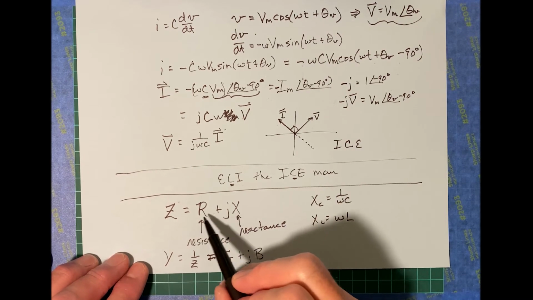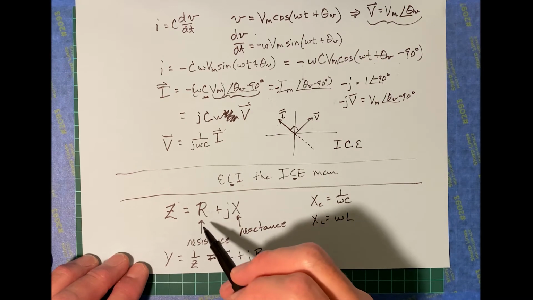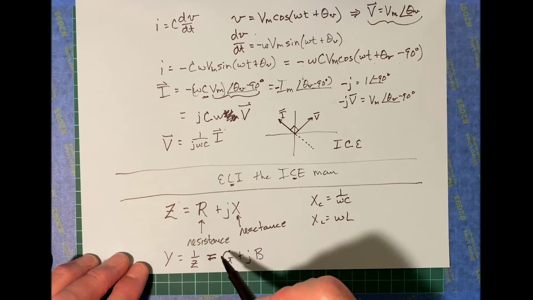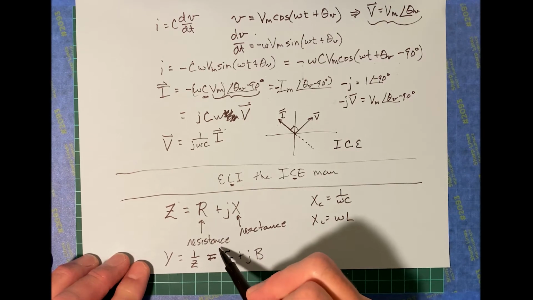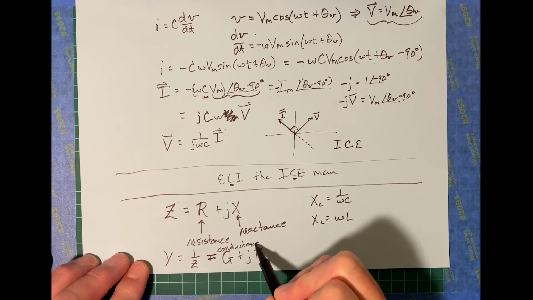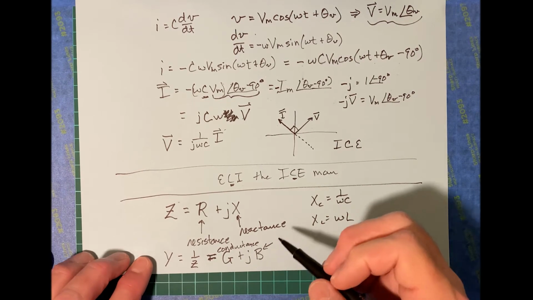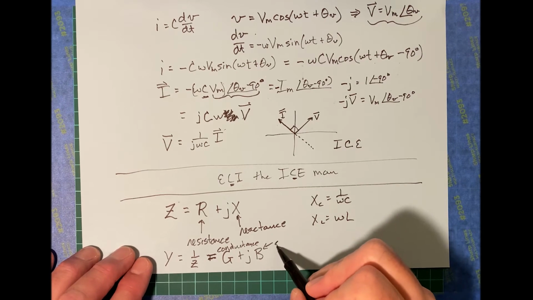It has a very similar form to this right here. This G is the inverse of resistance, and we've encountered this before, and that's called conductance. So the G is called conductance. And the B is called susceptance.